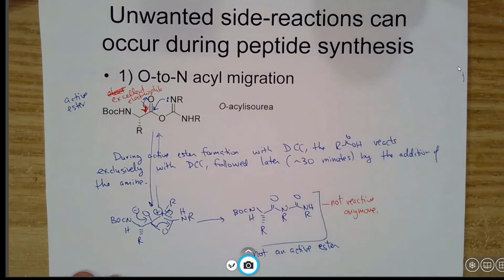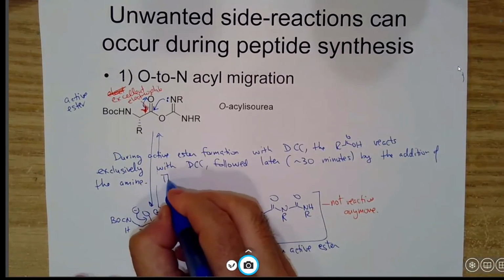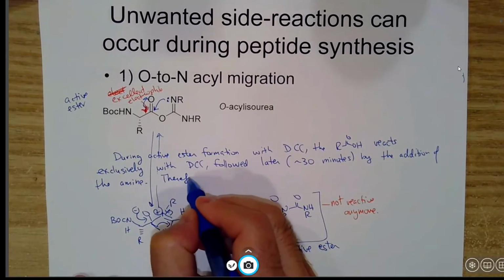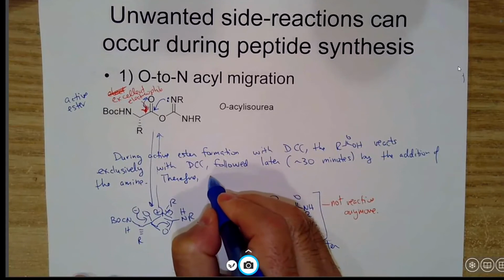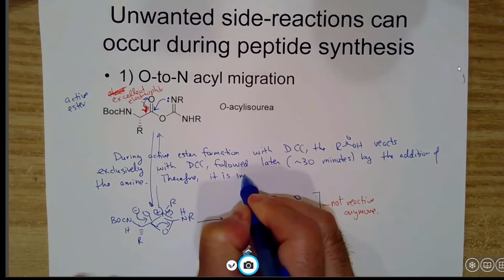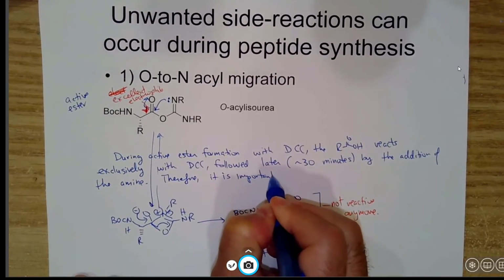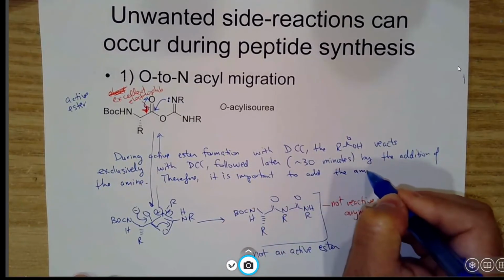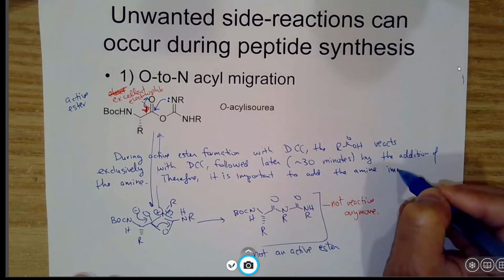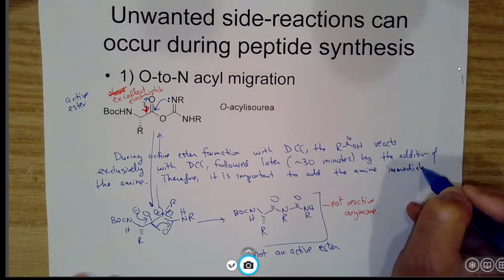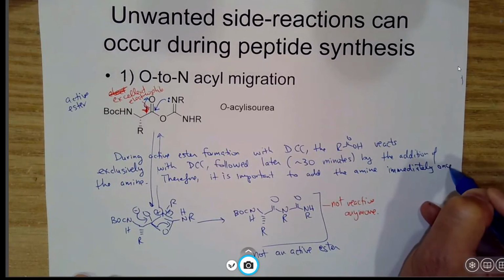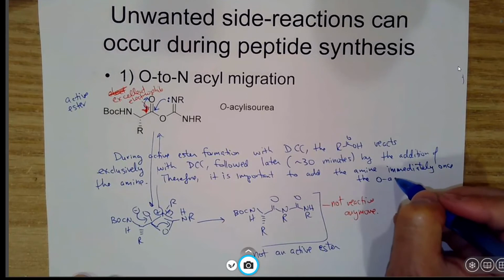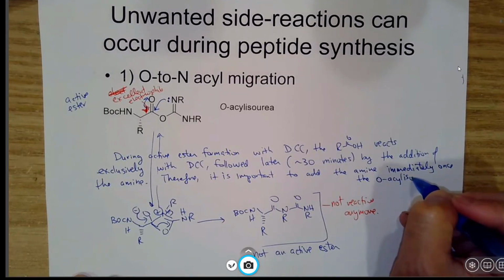So this is called O to N acyl migration. Therefore, it is important to add the amine immediately once the O-acyl isourea compound is made.